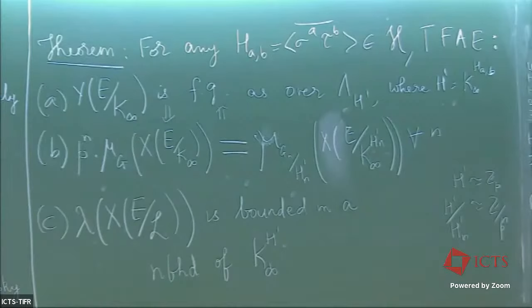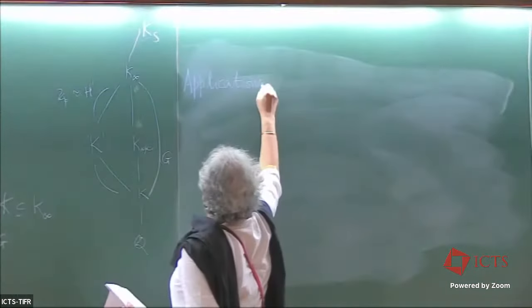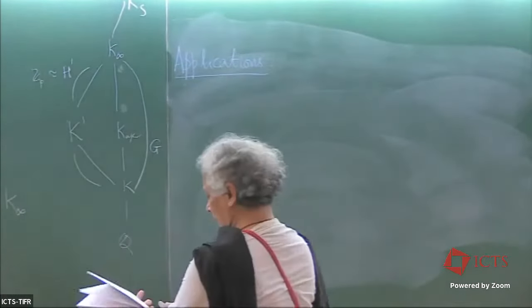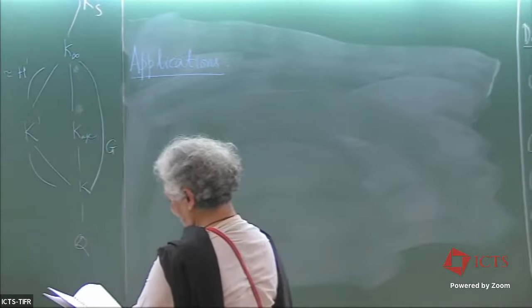Okay, so I'll stop here as far as the main theorems are concerned and just state a few applications, which again are interesting in their own right. The applications. So the first is a striking application. We were quite struck by this application.